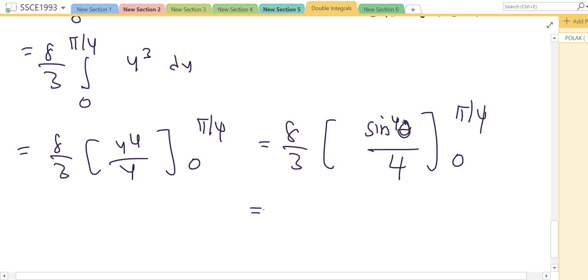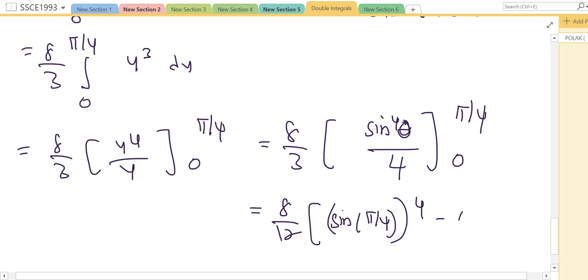After taking out the constants, we get 8 over 12 times sine pi over 4 to the power of 4 minus sine 0 to the power of 4.